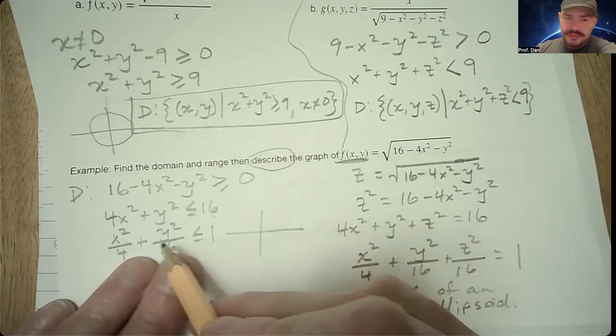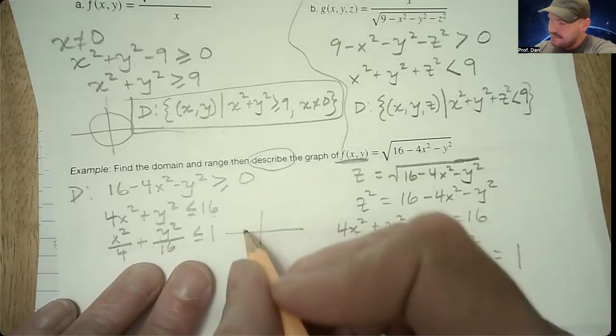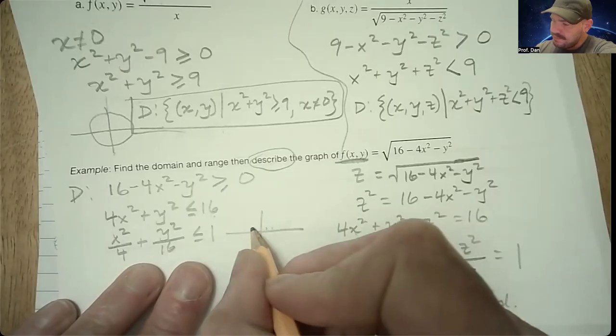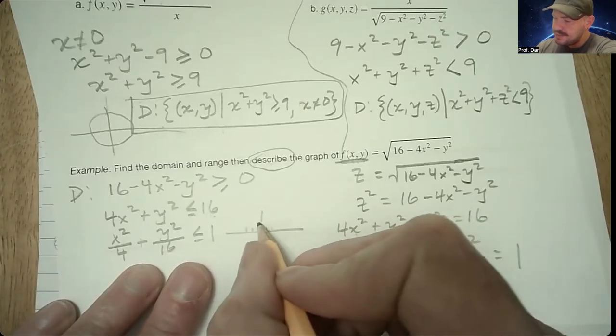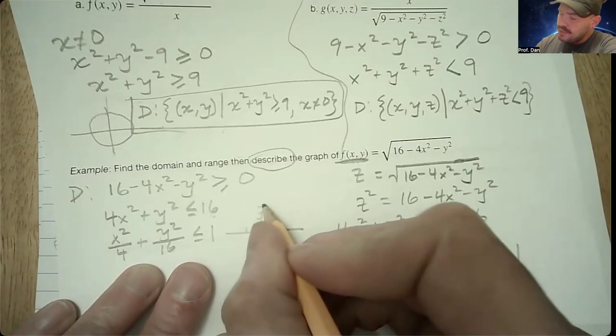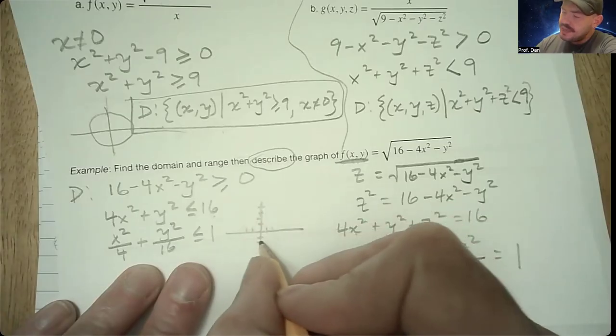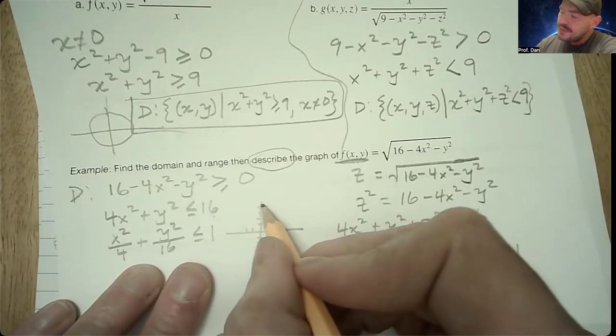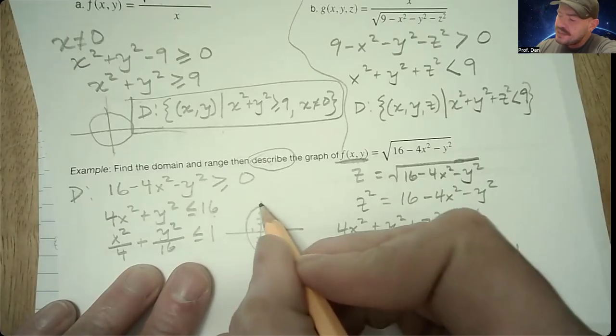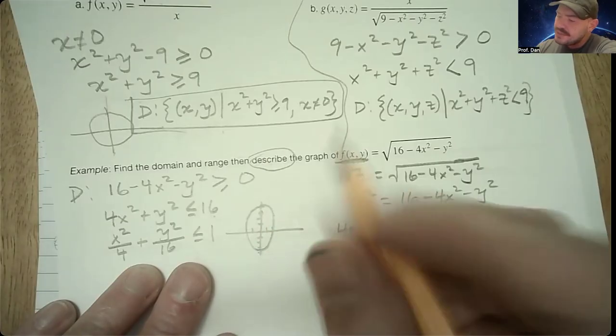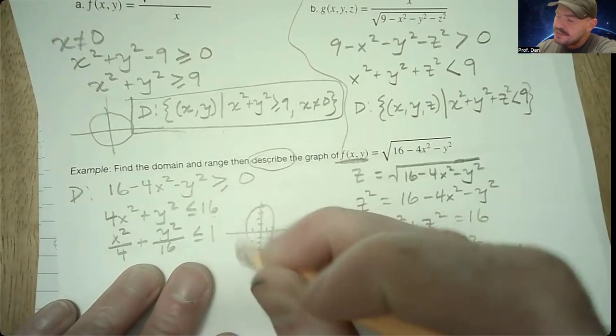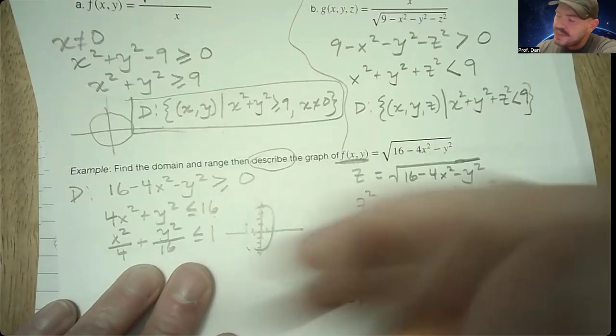So if I were to draw that, and again, we're centered at the origin because we're not adding or subtracting anything from x or y. We would basically get this ellipse, except it's more symmetric and a little less like a human face.